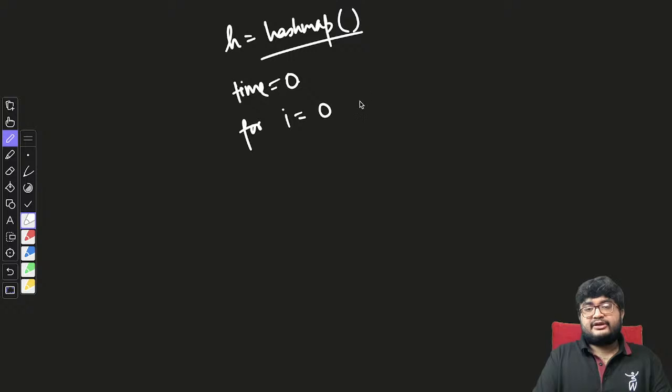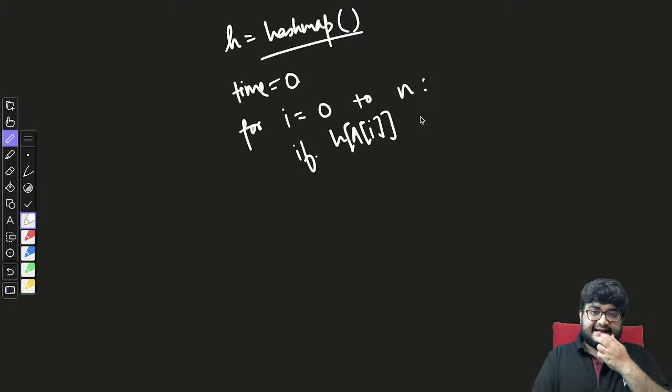For I equals to 0 to n, inside the loop, we'll first check if we have already taken it, right?